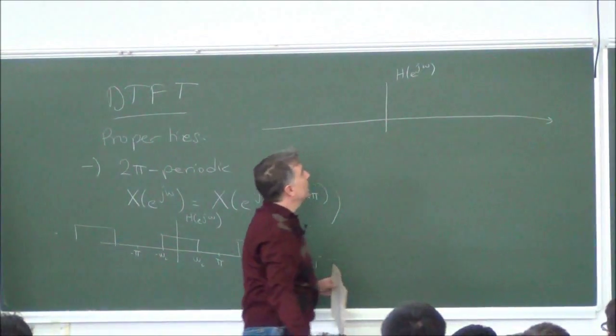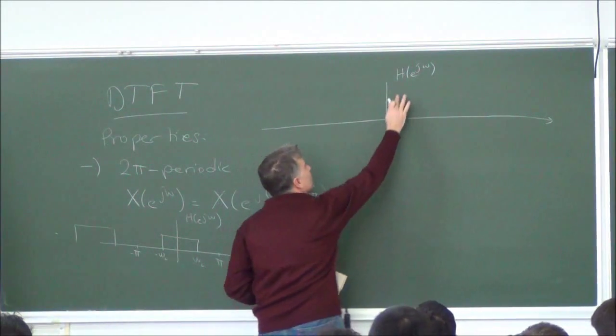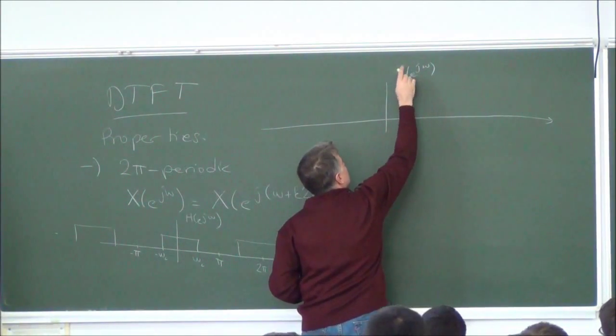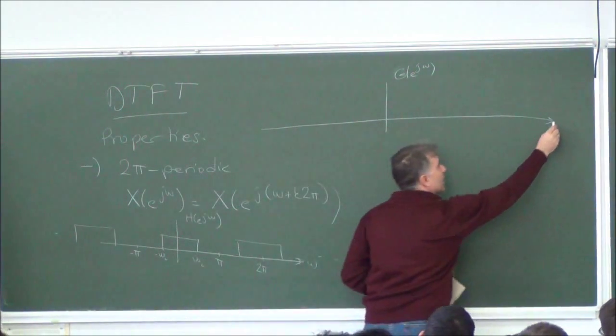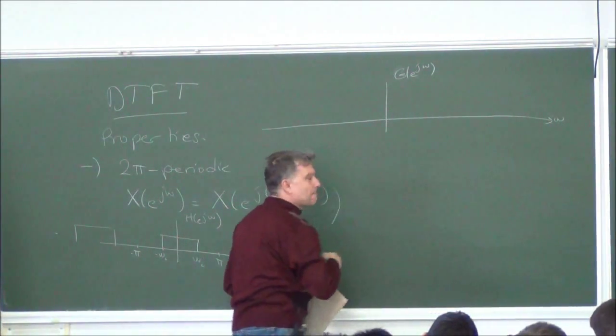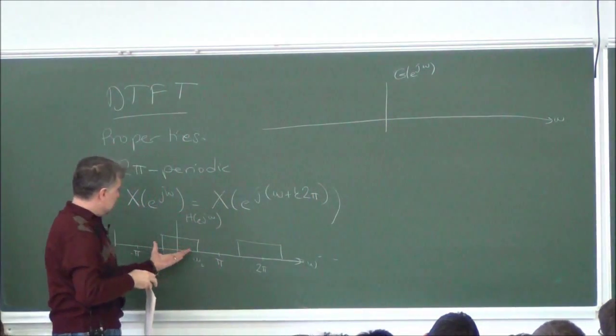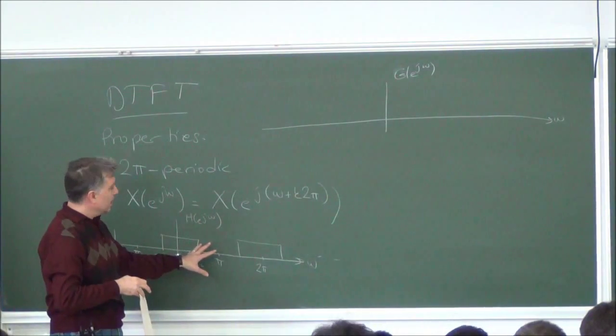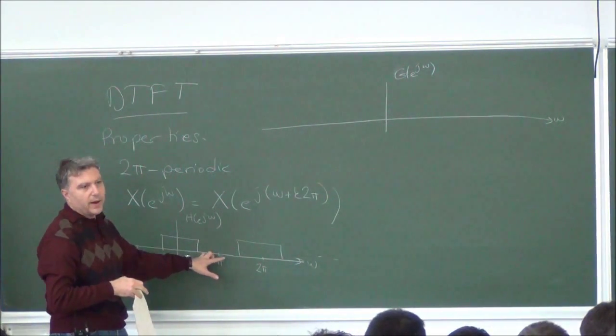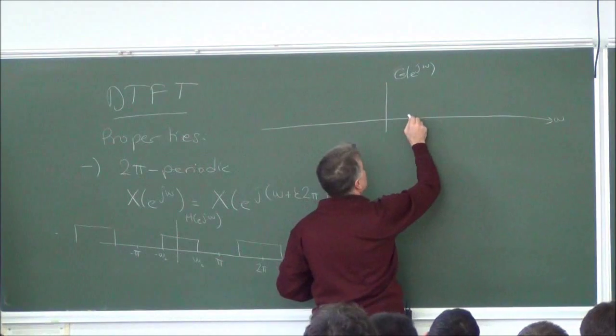A new H of, let's call it G of e to the j omega. Let's give a different name to that. On the axis of omega, what should it look like? It should look like similar shapes, but they must appear at odd multiples of pi, like this.